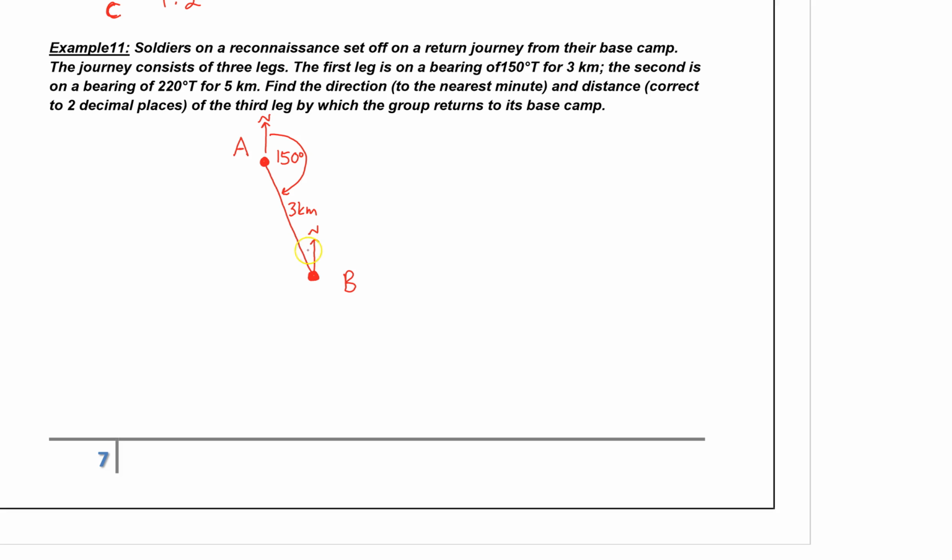Now, that question is not unsolvable from where we're at, but it's going to require you breaking it up into a few different triangles, right? I would really want to work out how far east I've gone from A to B, and then how far west I've gone from B to C. Right, will tell me how far east I need to go from C back to A. Right, you look at all the east-west parts of that, break it up.